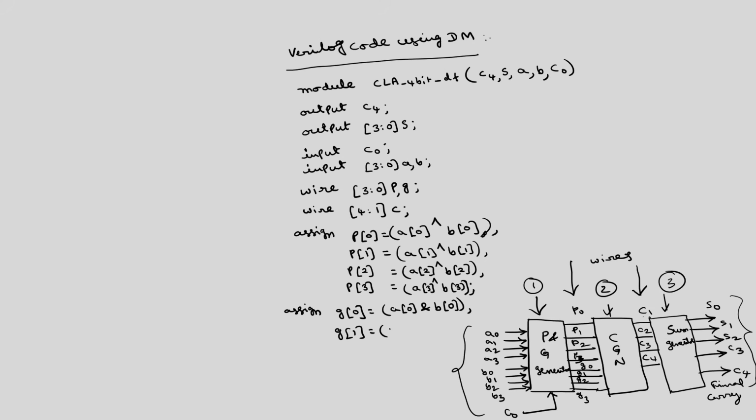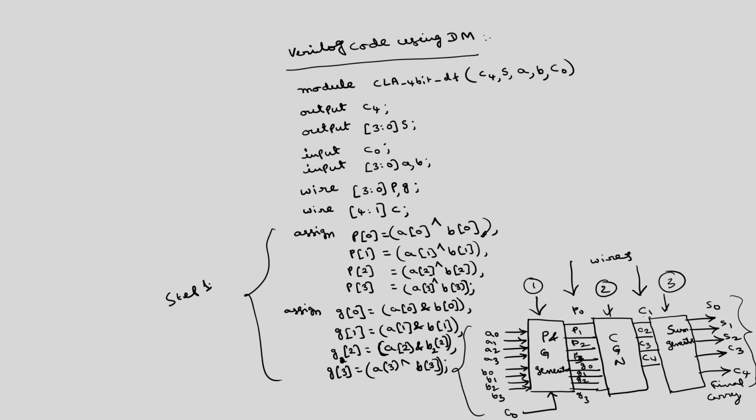G1 is equal to A1 AND with B1, comma G2 is equal to A2 AND with B2, comma G3 is equal to A3 AND with B3, semicolon. So, the second assign is for all G's. So, this gives step 1.